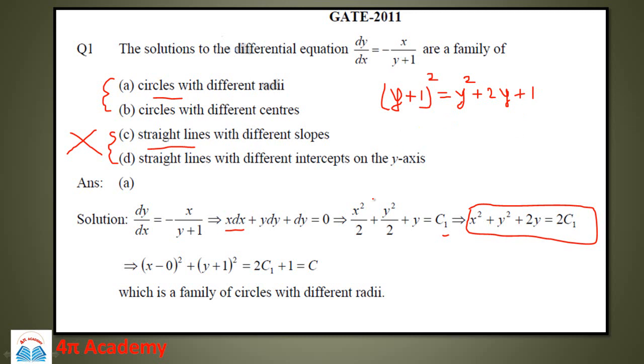So if I want to write this term, that is y square plus 2y, in the form of y plus 1 square, but this y plus 1 square will be equal to y square plus 2y plus 1, but I have the term which is y square plus 2y, so I have to subtract 1 from this term.